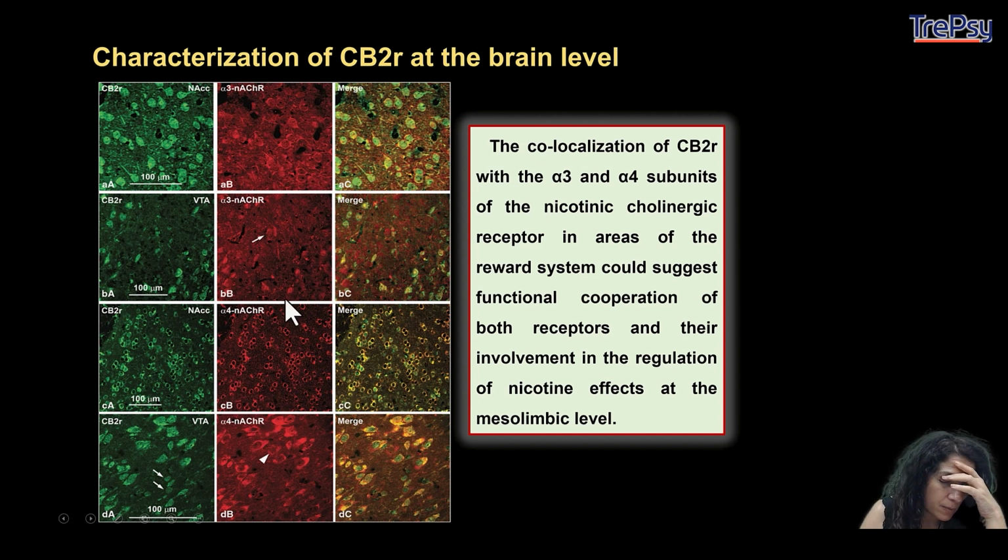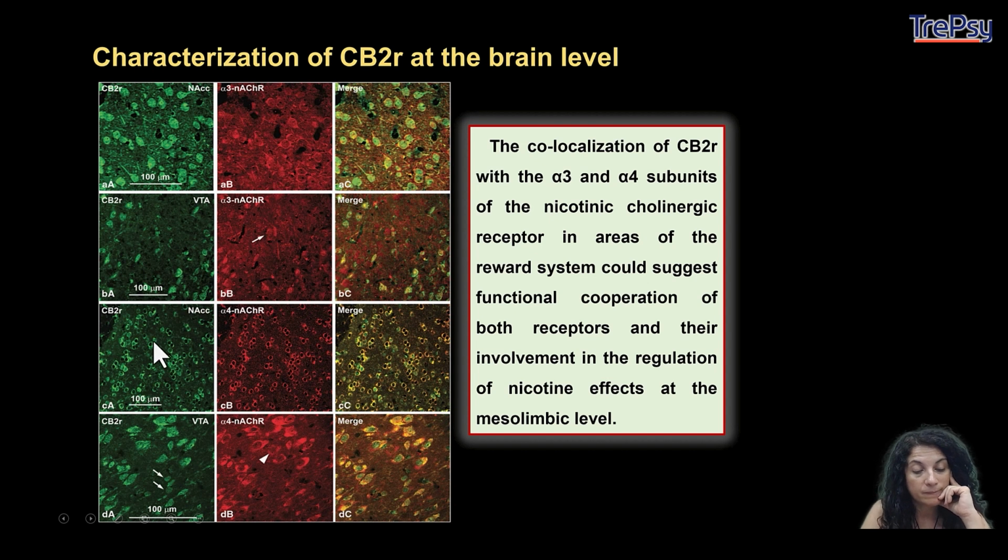So we did double immunohistochemistry, one green, one red, and we can see that the CB2 receptor in green is expressed in the alpha 3 nicotinic cholinergic receptor and in the alpha 4 nicotinic cholinergic receptor.